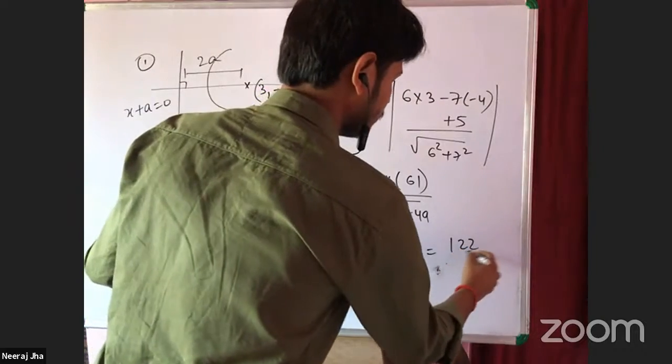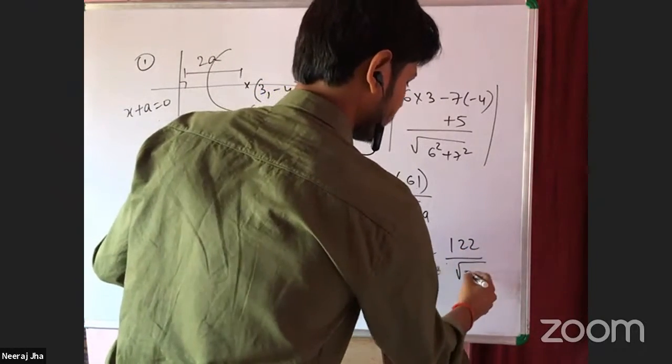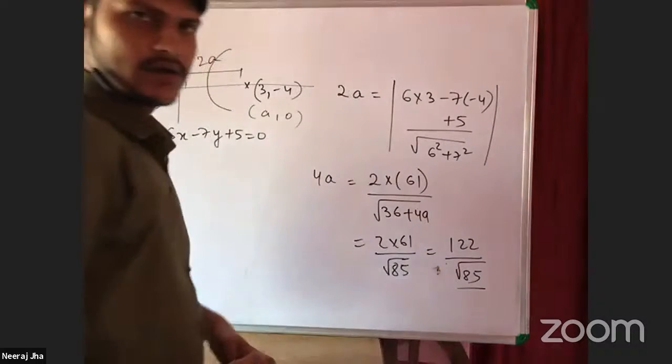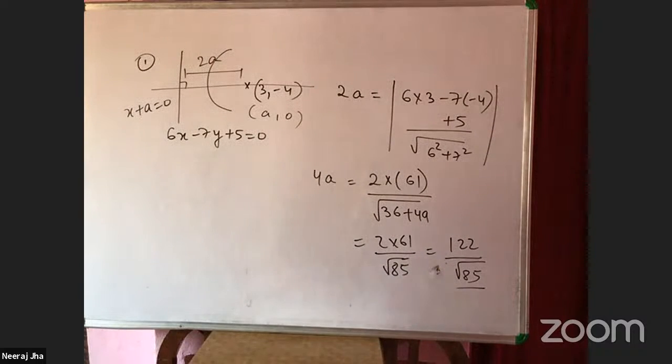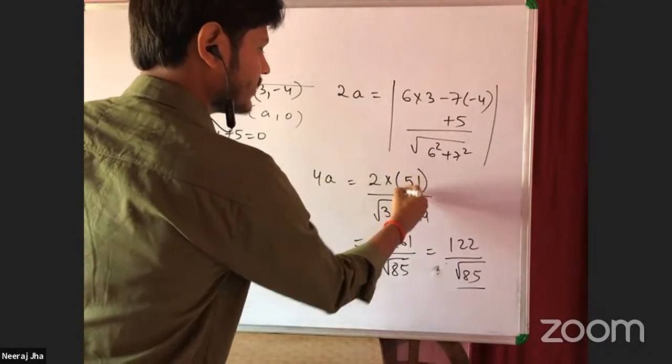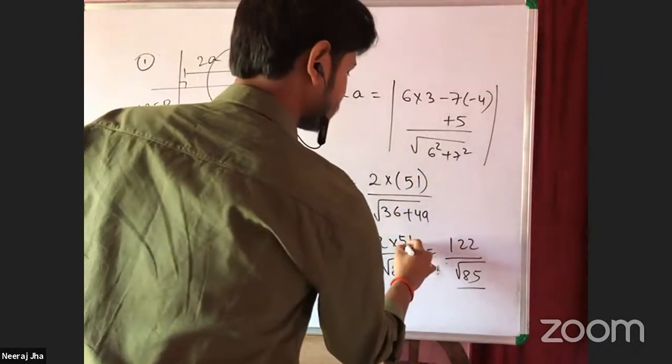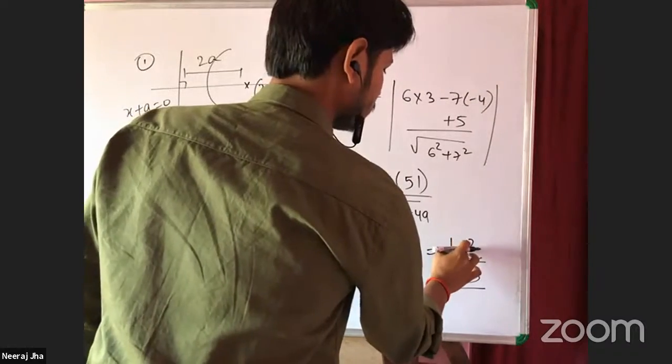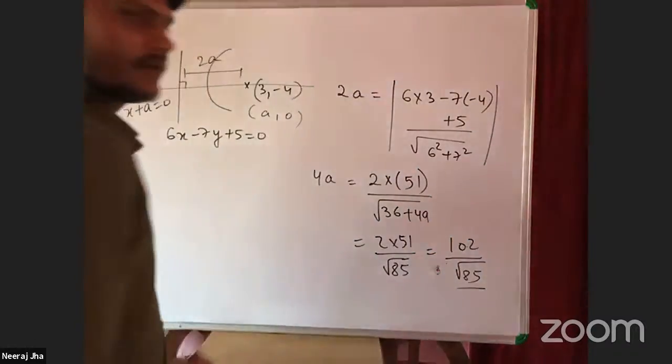Some calculation error was there, I first said 61, but it will be 51, sorry. So this is 51 and this is 102. The answer is 102 upon root over 85. Correct? Okay.